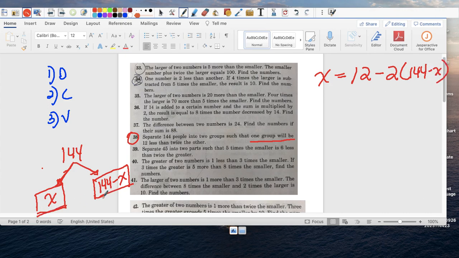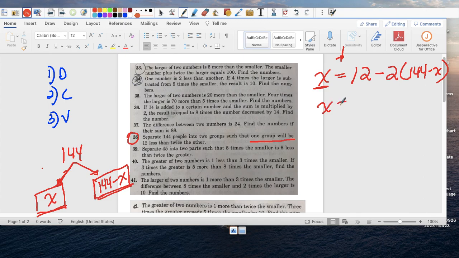One group is called X, the other one is 144 minus X. So one group, and if you did it the other way, it wouldn't matter. One group, X, okay, will be, here's your will be, means equal, 12 less than twice the other.